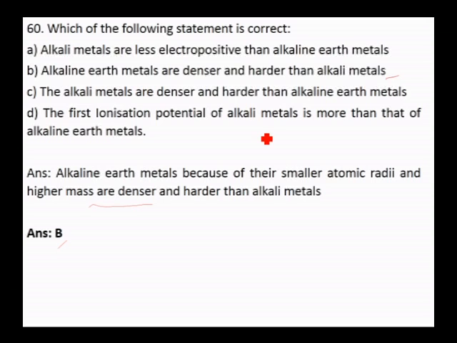This is again incorrect statement, because the alkali metals will have the less ionization potential because of NS1 configuration. Therefore, the option A, C, D are incorrect statements, and it is only the option B which is a correct statement, and hence the correct option for question number 60 is option B.